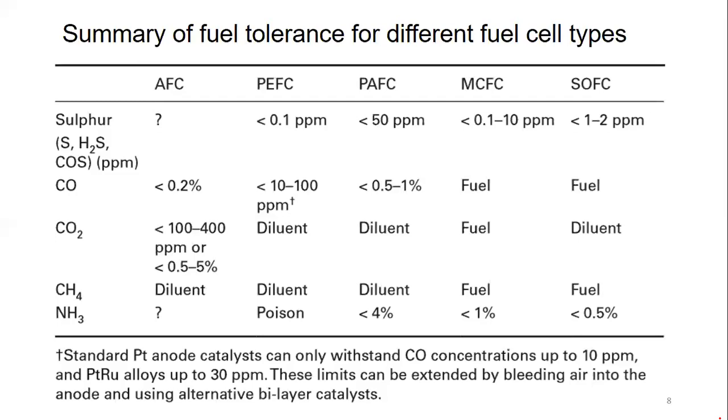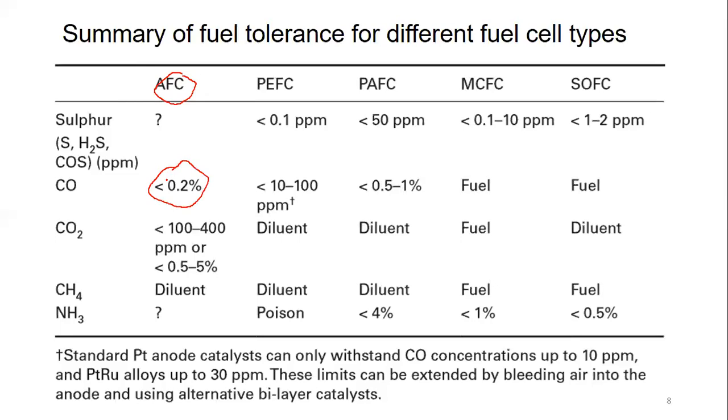Whenever you learn about this kind of thing, there is a contamination limit, a maximum permissible limit for everything. The same is the case for fuel. For example, if you are working with a fuel cell, and that fuel cell is an alkaline fuel cell, and your fuel contains carbon monoxide more than 0.2%, you cannot use it.